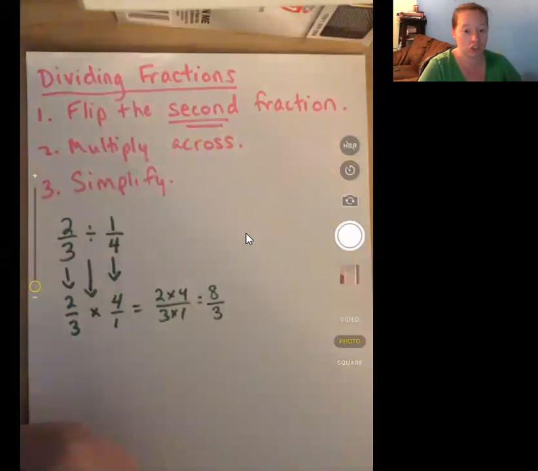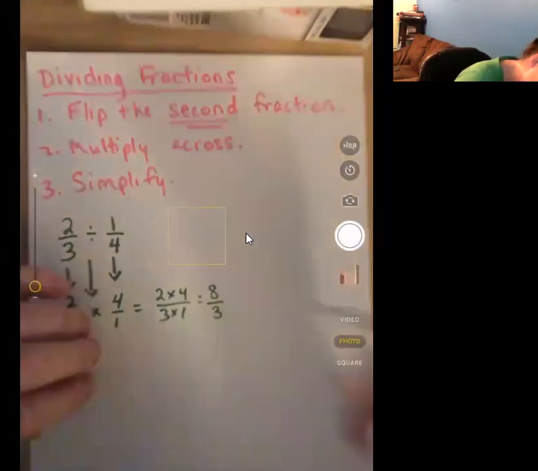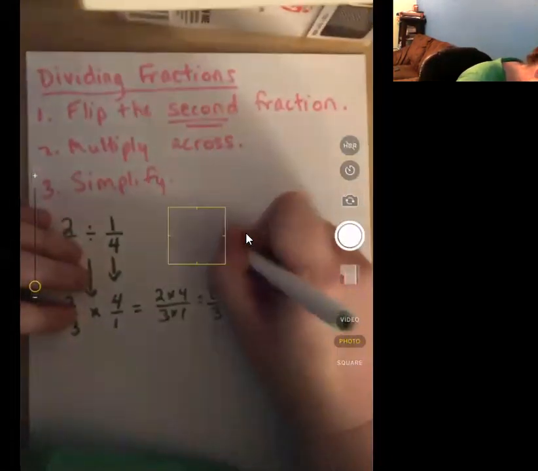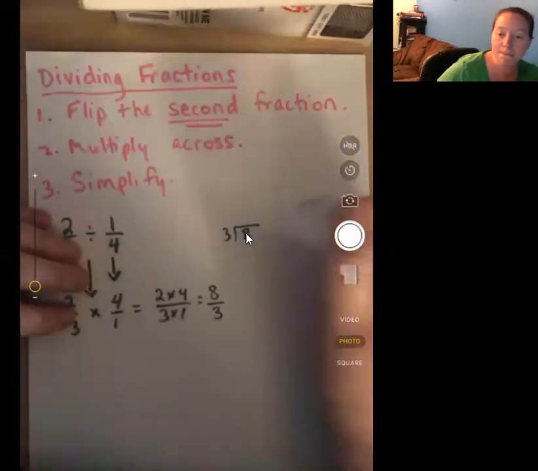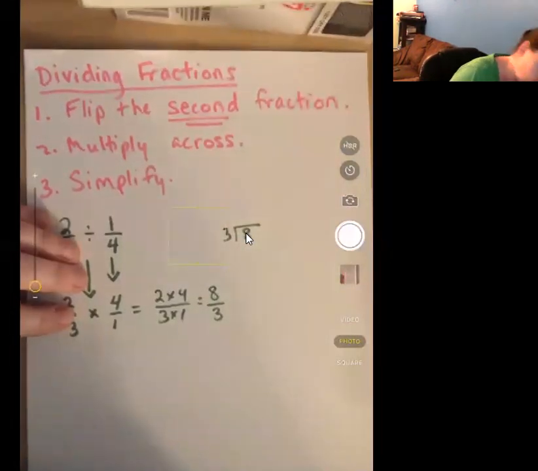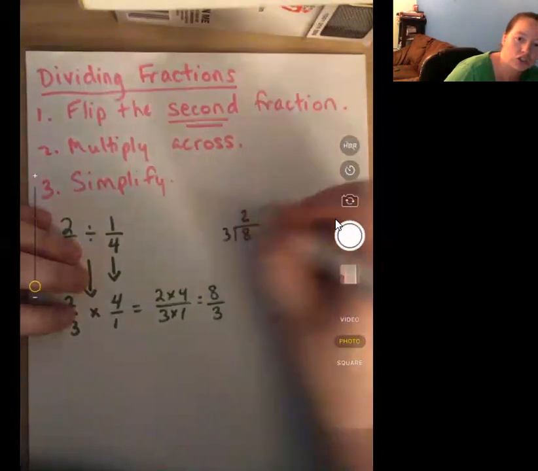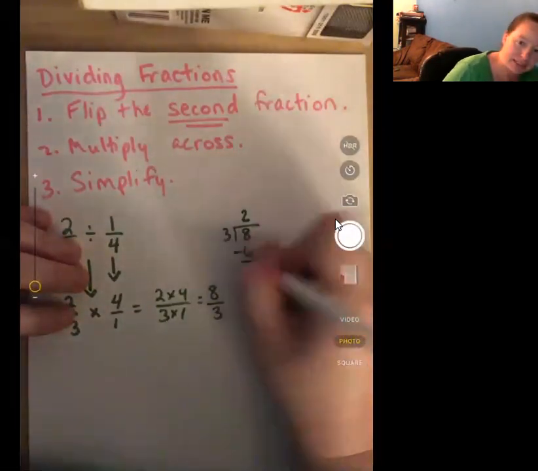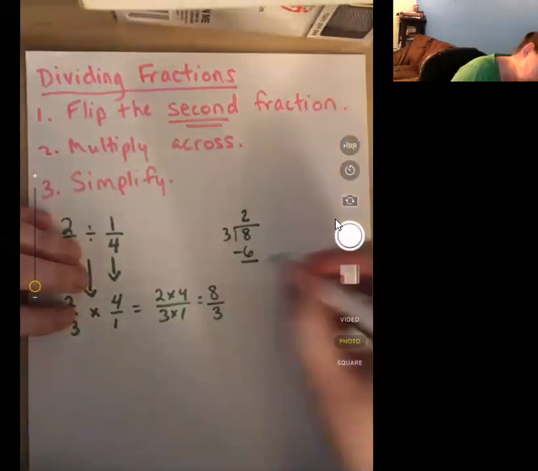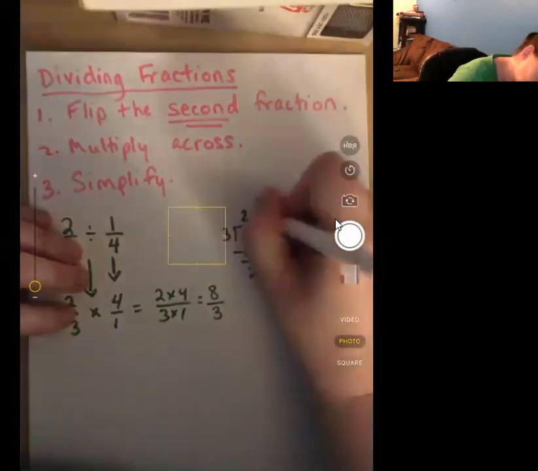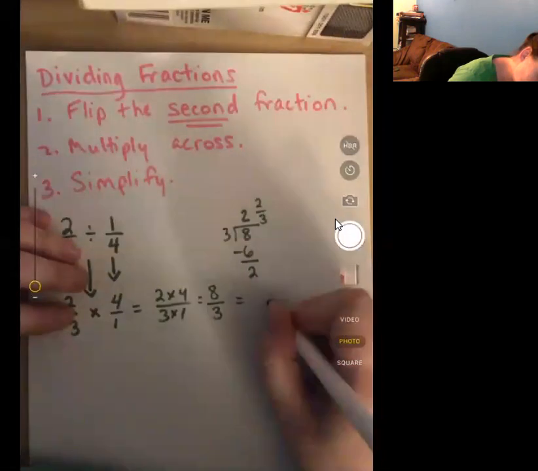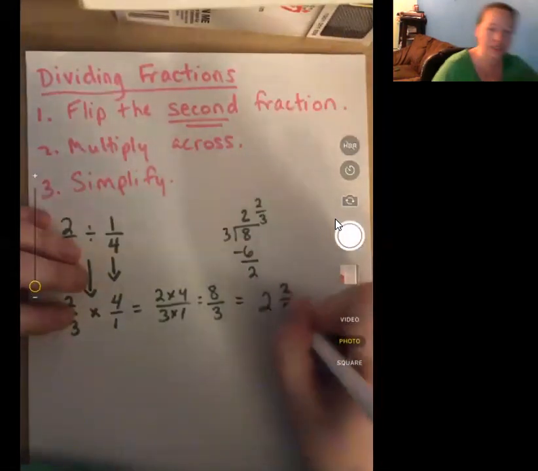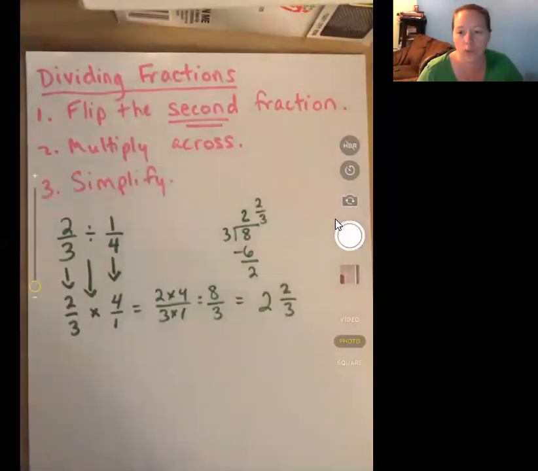Go 3 into 8. Goes how many times? Let's go with 2, because 2 times 3 is 6. 8 minus 6 is 2. So we bring it up here, 2/3. So 2 and 2/3 is actually our answer for that problem.